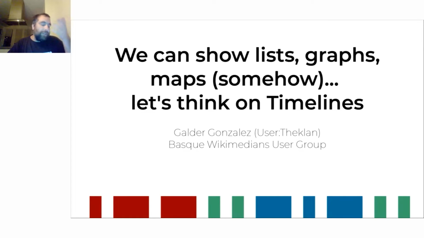The title is: we can show lists, graphs, maps somehow, and let's think about timelines. If you have any ideas of how to do these things better, or some implementations that are greater in your wiki, just drop it in the Etherpad or in the chat, and we can have everything there.